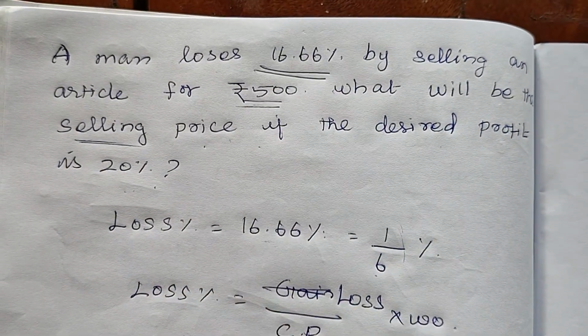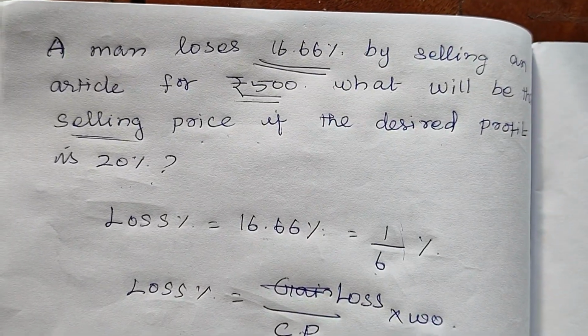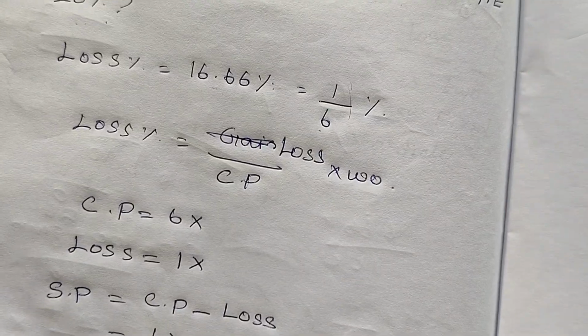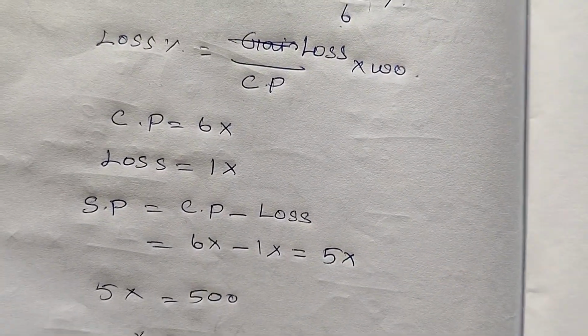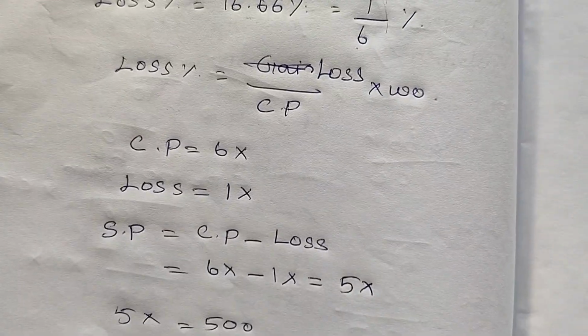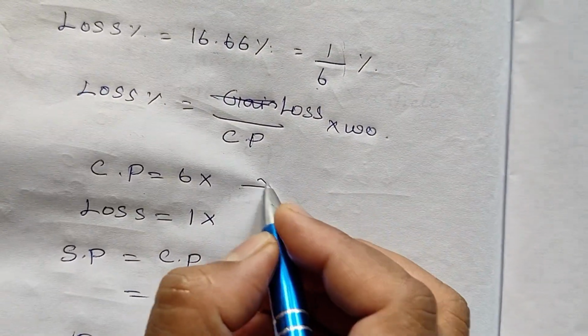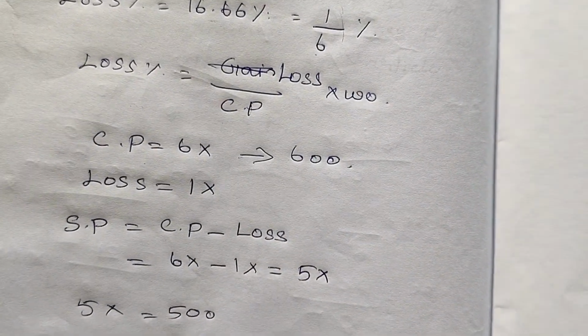For that, first we have to find the cost price, but here the selling price is given. So 5x equals 500. What is the value of x? x equals 100. So what is the cost price? Cost price is 6x, that is 600. So cost price equals 600.